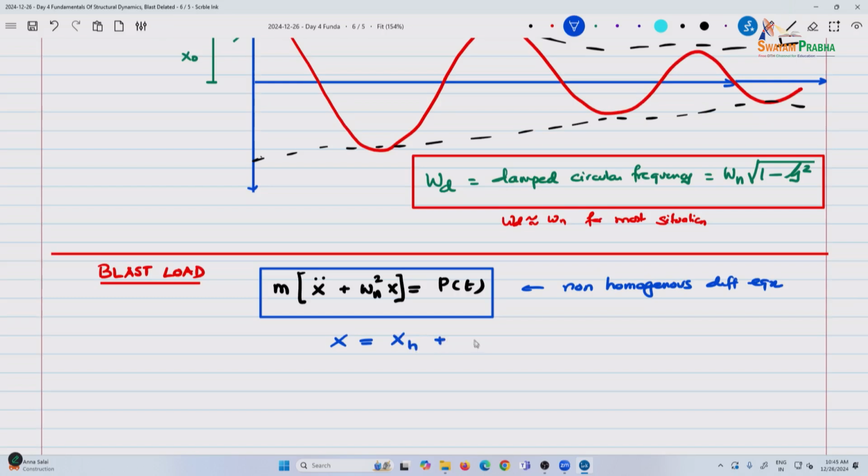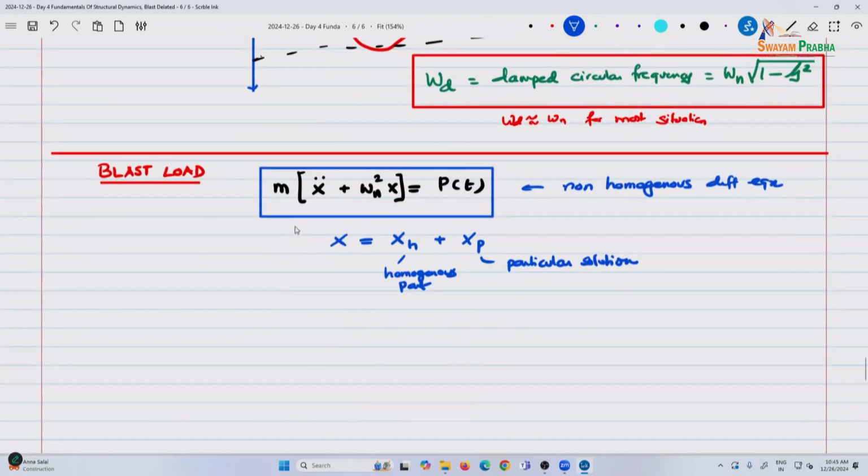The homogeneous or the complementary function plus the particular, right? This is the homogeneous or the complementary part, and this is the particular solution. The particular solution is dependent on the forcing function, and both of them are functions of time.